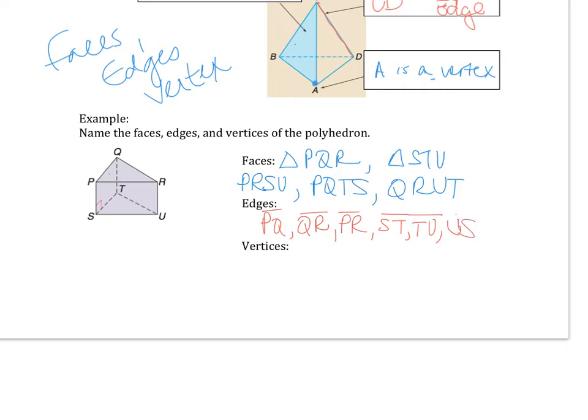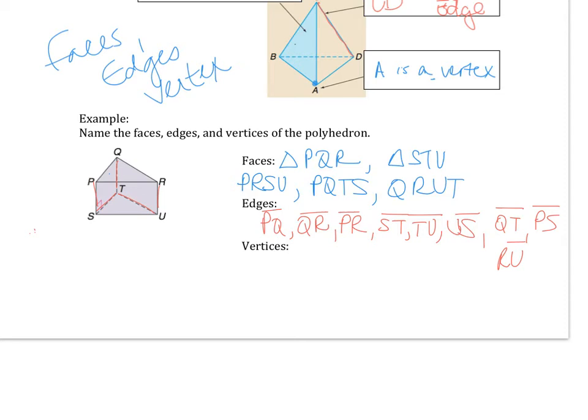Okay, and then I've got these three edges right there. QT I didn't name. QT, ST I've got, TU I've got, SU I've got, PS I didn't get yet. So that's this one here, and then RU over here. Again, those are all the edges.